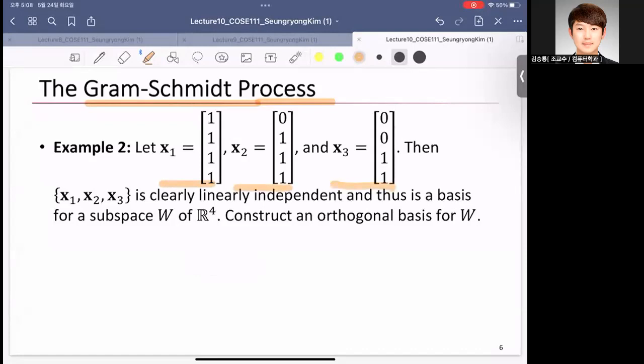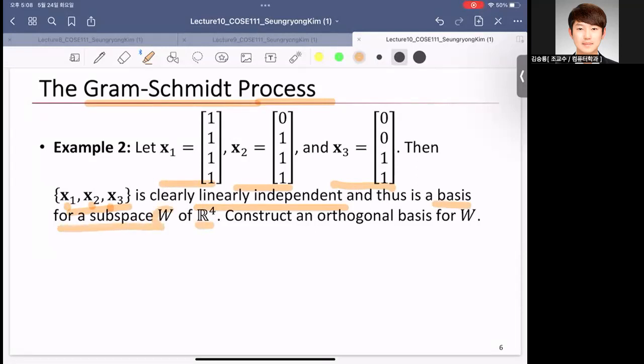Then x1, x2, and x3 are clearly linearly independent, right? Thus, they form a basis for an arbitrary subspace W defined in our space.